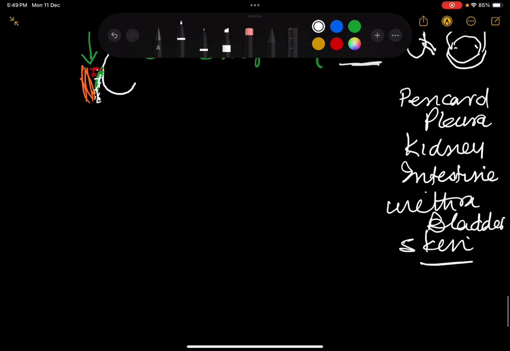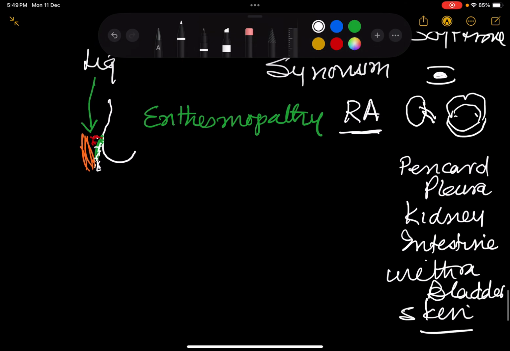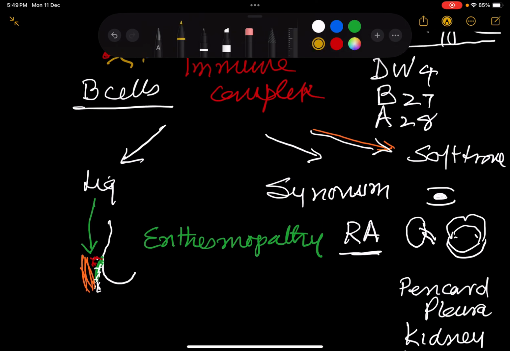So when these antibodies are being produced by the B cells, B lymphocytes, there is so much immunoglobulin, you know that this is the FAB and this is the FC.